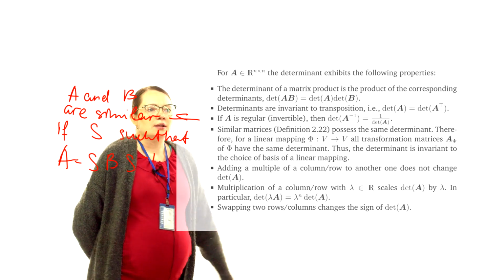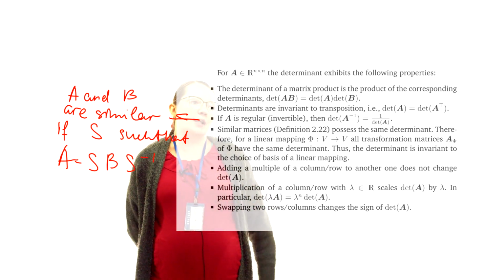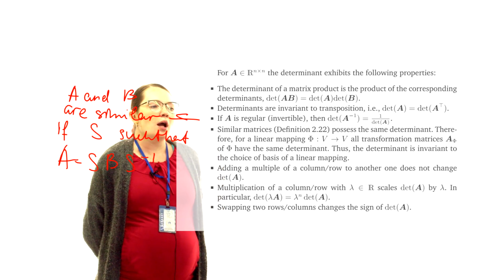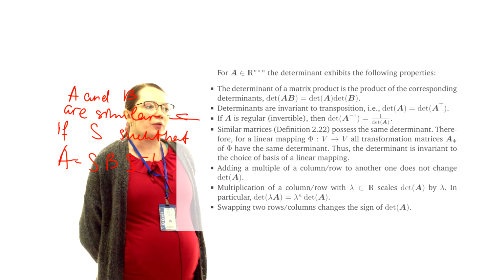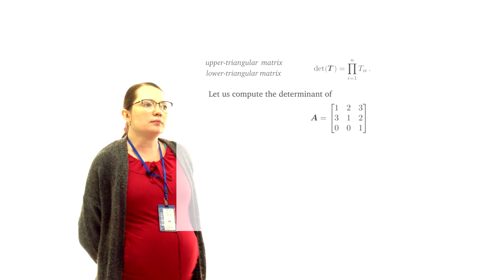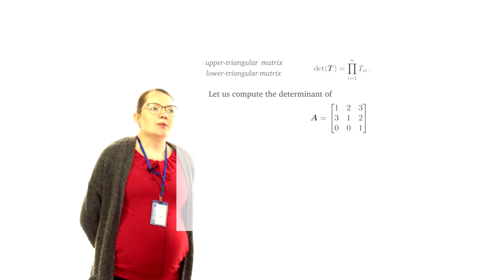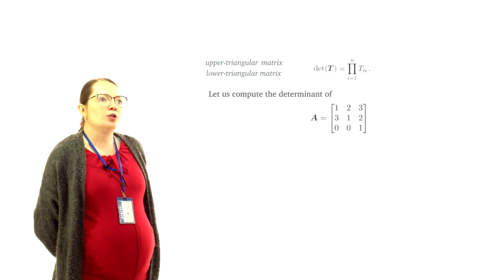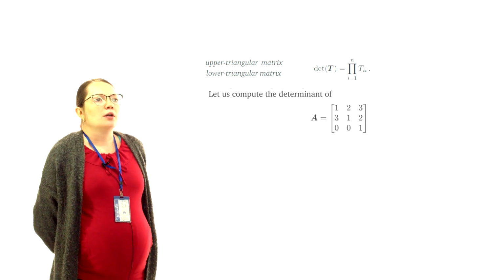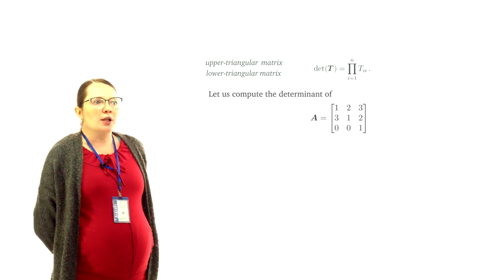Let's now look at the property of adding a multiple of a column or row, and let's use this property to calculate the determinant of a matrix. Let's consider the same example as we had before. But before starting, I want to remind you of the notion of upper triangular matrix and lower triangular matrix.